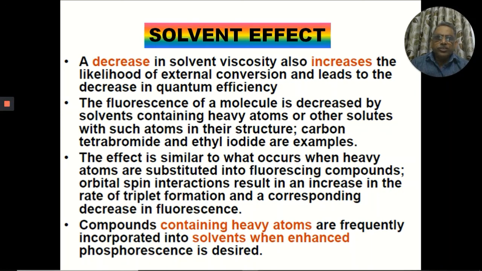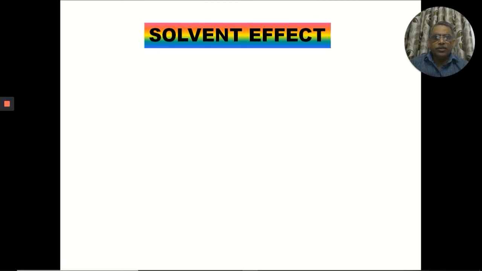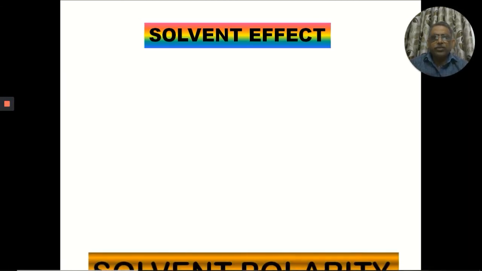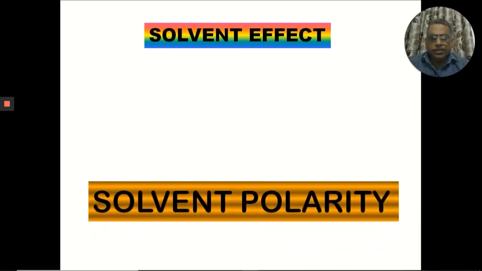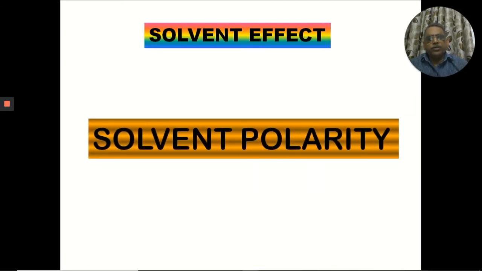Viscosity increase always reduces the rotational relaxation, in turn non-radiative relaxations and internal conversions in general, and you can reduce your unwanted relaxations by increasing the viscosity, which will enhance your fluorescence quantum efficiency. Now when you go for solvent polarity, the solvent dielectric will also change the fluorescence behavior. We will discuss the entire behavior of solvent polarity in the next session.